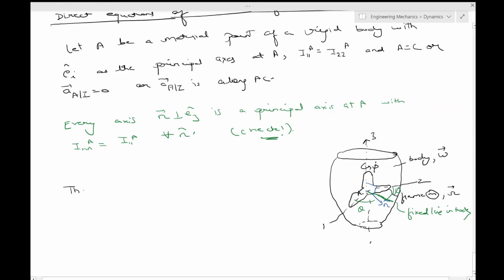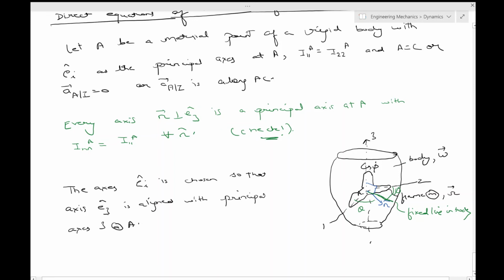The axes E_i are chosen so that axis E3 is aligned with principal axis 3 at A, and is fixed to the body.